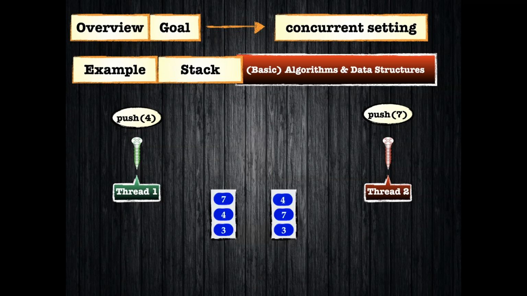So the question is, which one is the correct scenario? Which thread goes first? And this is a question mark. In fact, it's not clear. It's not even clear what it means to be correct in such a setting, as we will see later. This is interesting because the very basic notion of correctness is not clear due to the non-determinism that's introduced because of concurrency.